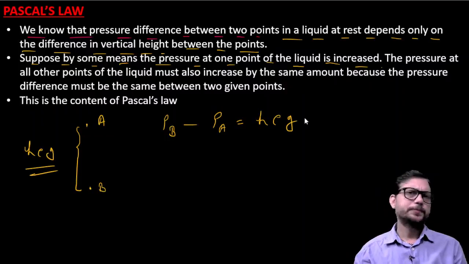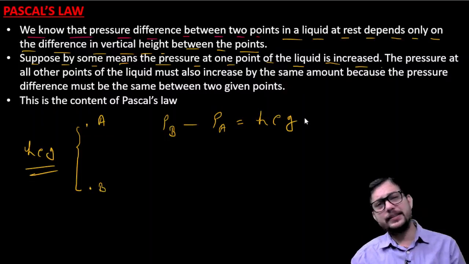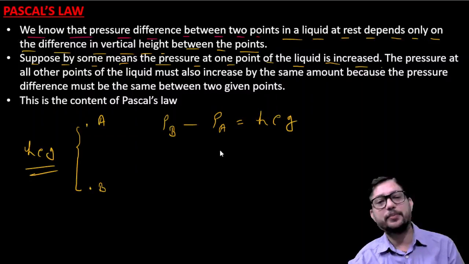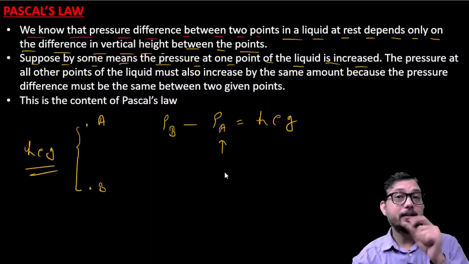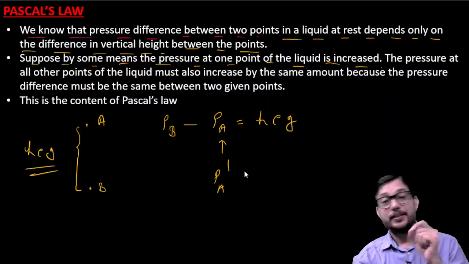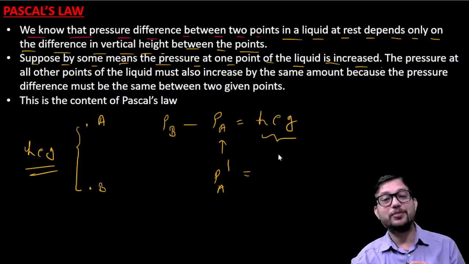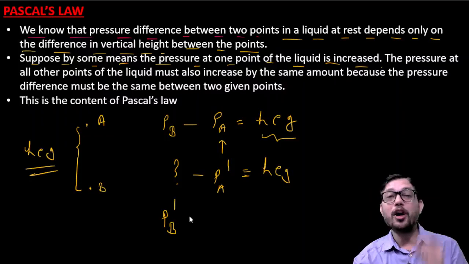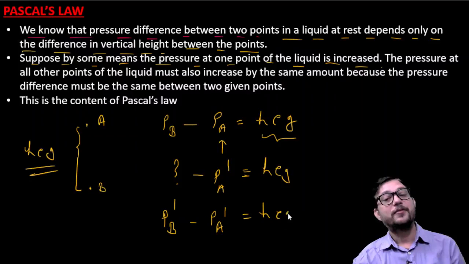Now the main point is this: if we increase the pressure at point A, and the pressure becomes PA dash, this difference must remain the same, H rho g. It means the pressure at point B automatically changes and becomes PB dash. So PB dash minus PA dash will also be equal to H rho g.